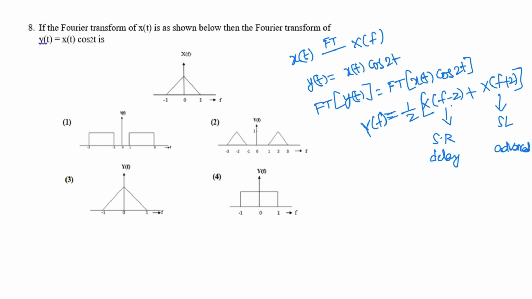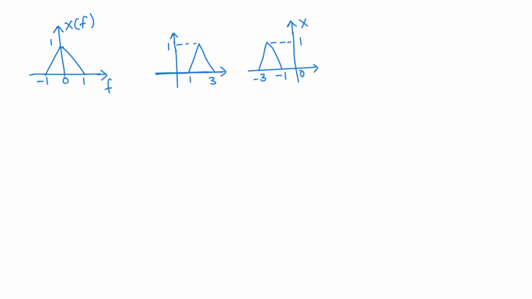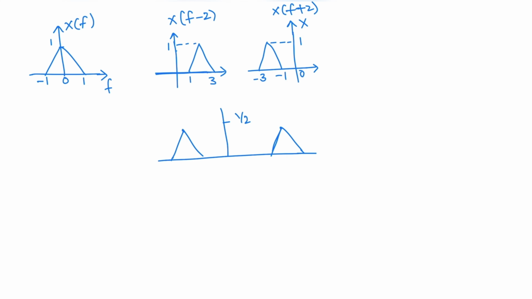So this is X(f minus 2) using the time shifting property, and X(f plus 2). Here the amplitude is 1 and the amplitude is 1. For the y(t) signal, the amplitude is half of this amplitude, so that is 1/2, and the signal is shifted by 2 units, delayed by 2 units.